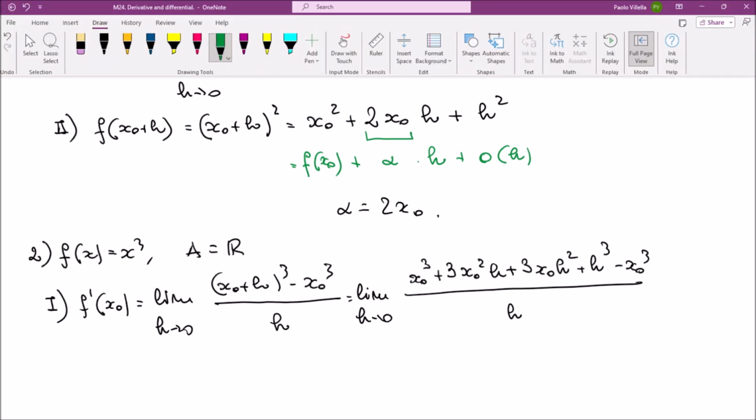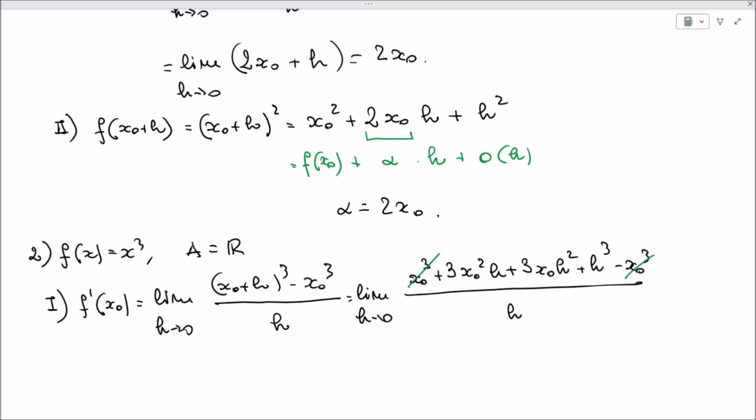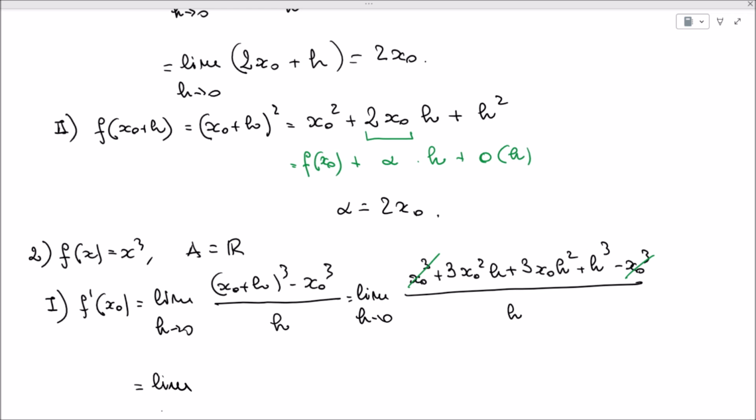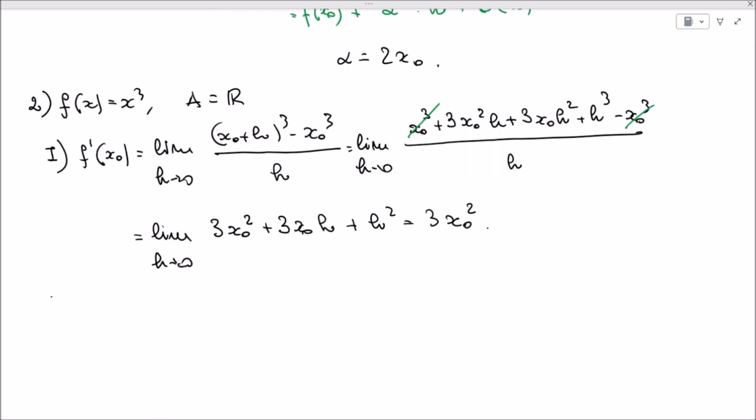We can immediately simplify and we have the limit as h goes to 0 of 3 x naught squared plus 3 x naught h plus h squared, which clearly leaves us with 3 x naught squared.